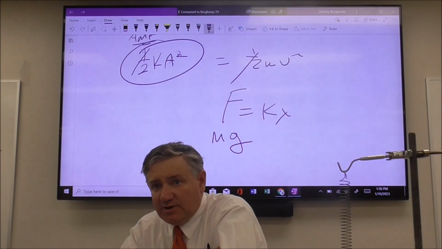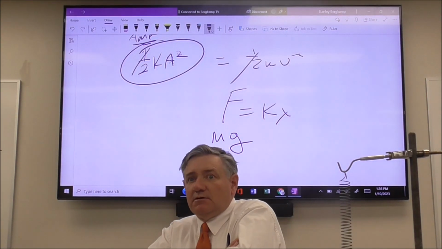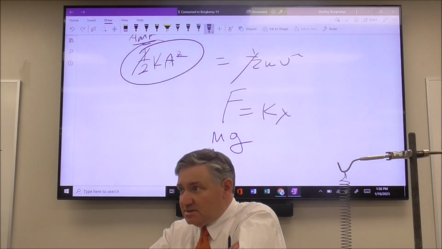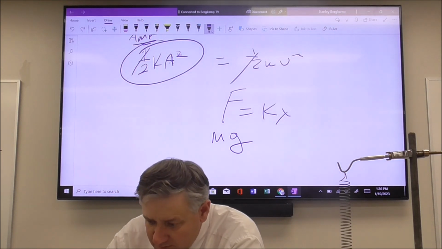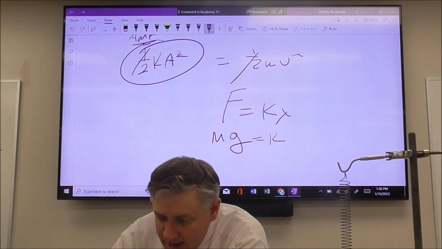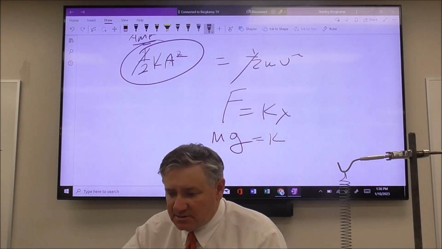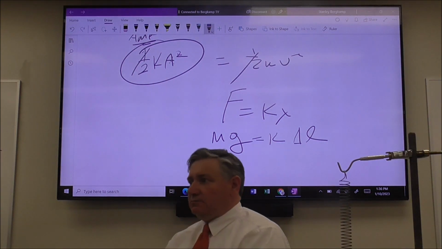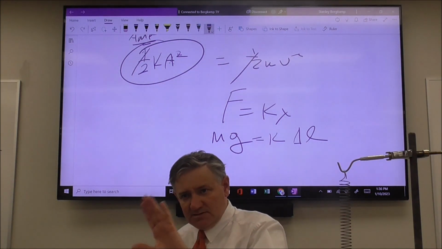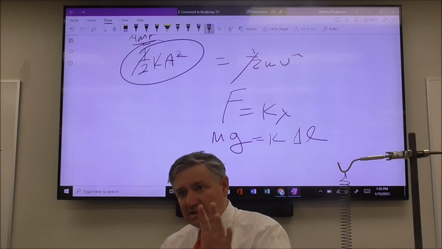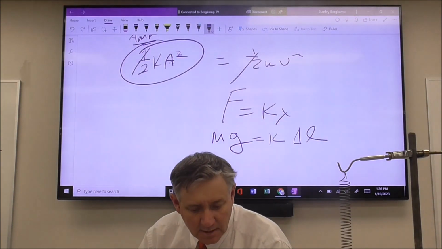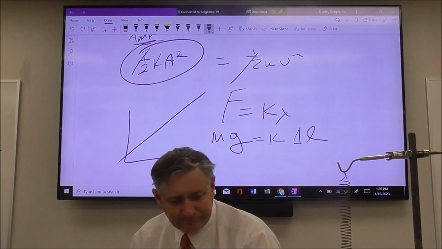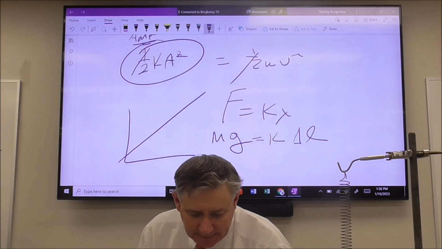Then you have k, and your x is going to be your elongation, sometimes written as delta L. This is a different way to write that same thing. So basically this is going to make a linear graph like this.